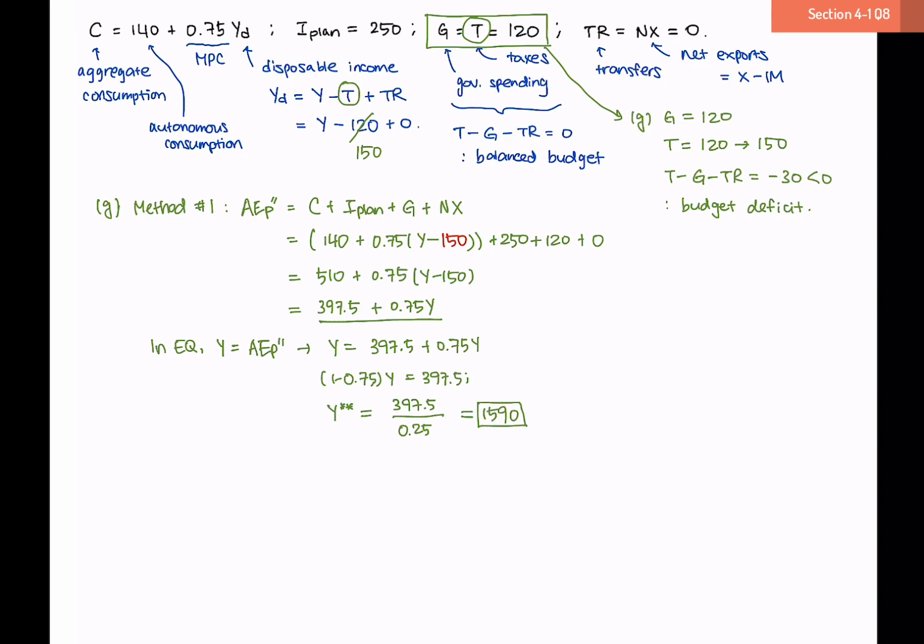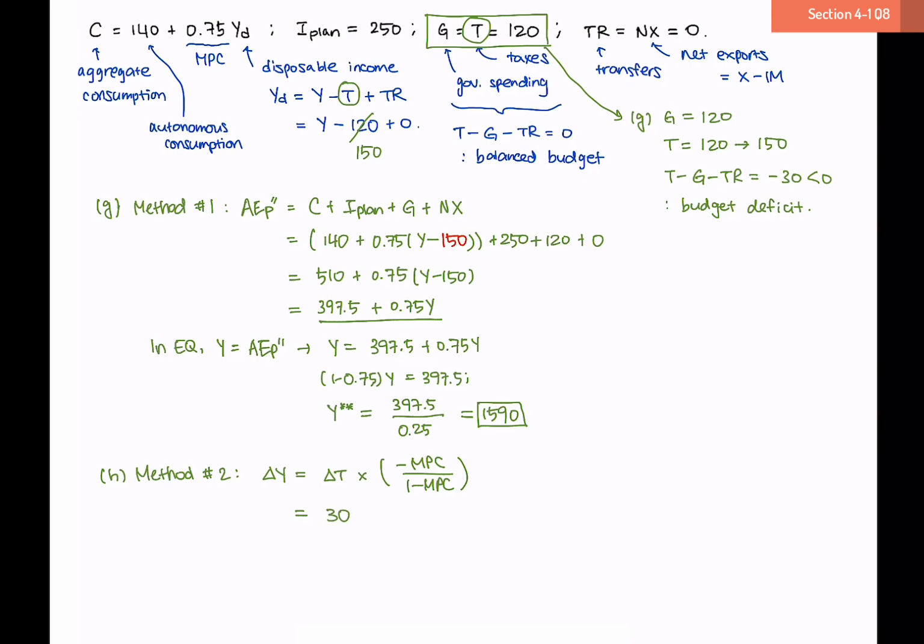We know that we can also use the multiplier to find the new equilibrium output. Except that in this case, because we're seeing a change in taxes, we're going to use the tax multiplier instead of the spending multiplier. Again, the logic is pretty much the same. The total change in output is going to be equal to the initial change, which is coming from taxes, times the tax multiplier, which represents the multiplier effect.